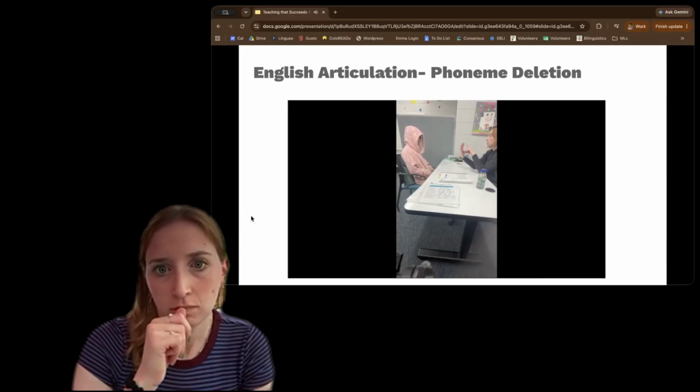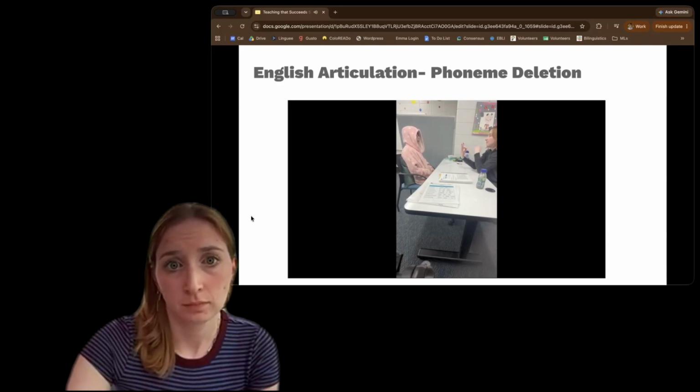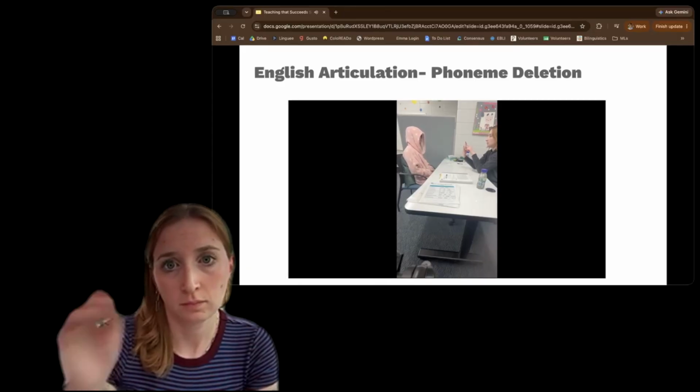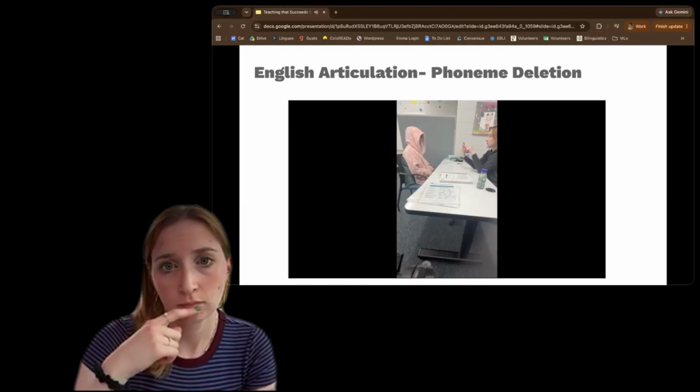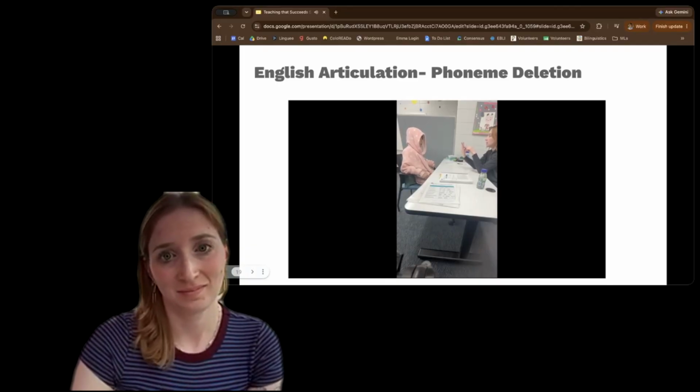Dilo frog. Quita el g. Frog. Quita el g. Frog. A. G. Oh. Frog. Fog, ¿sí? Frog.